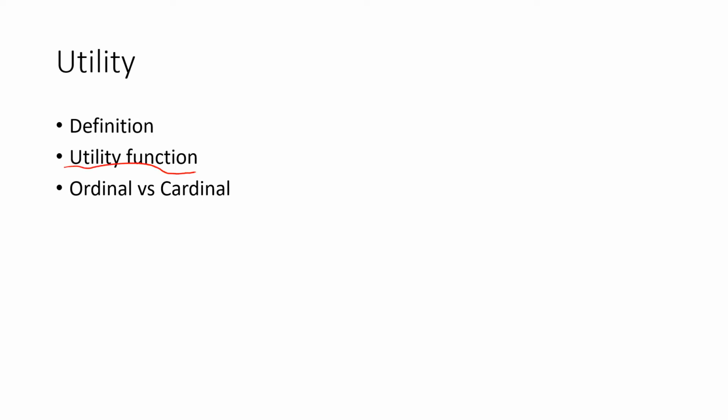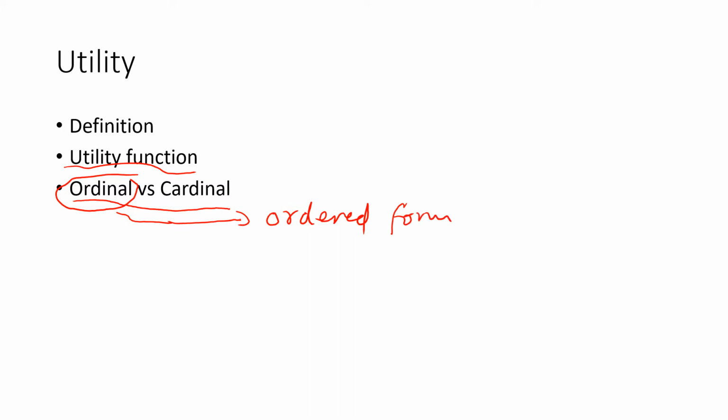So the next thing that we want to discuss is whether this utility function is cardinal or ordinal. If we know only consumers' relative ranking of bundles, a measure of pleasure that is ordinal rather than cardinal. Ordinal basically means something that can be presented in ordered form, or in rank form.